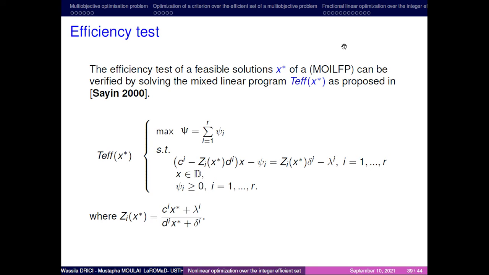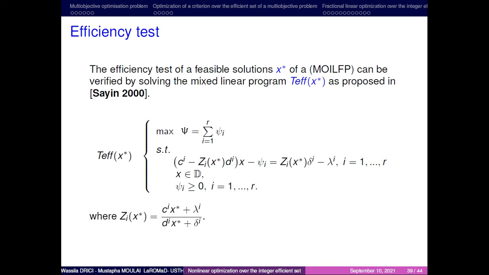The efficiency test of a feasible solution X star of MOI LFP can be verified by solving the mixed integer linear program TF as proposed in Saying and all.